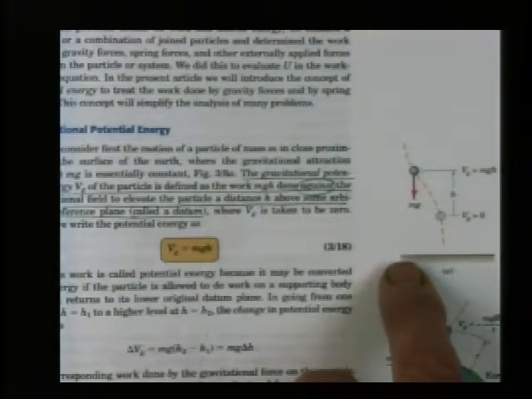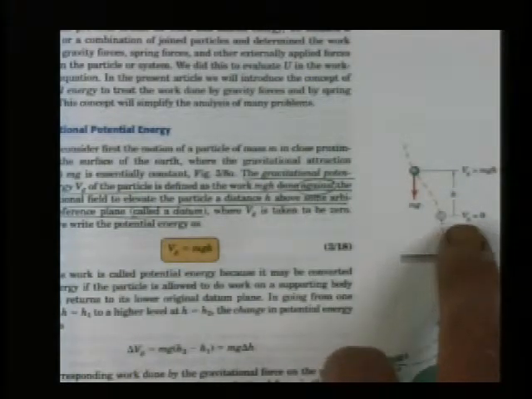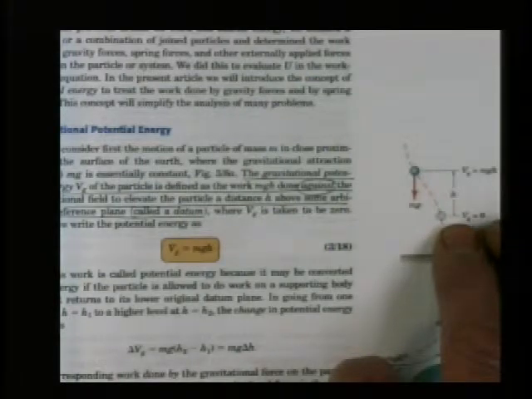And in this case, here is a reference datum, and what they've done is they've defined this location in this picture as the reference datum where my finger is, and then they measure the distance against gravity that the object happens to be positioned at.